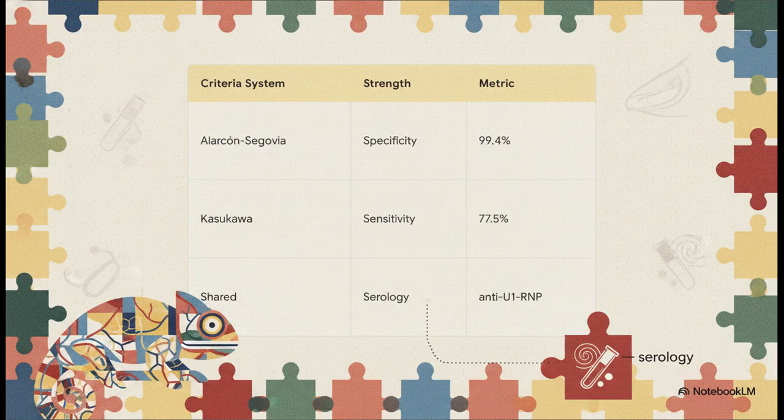Systems like Alarcon-Segovia prioritize incredible specificity, meaning if those criteria are met, there's a 99.4% certainty of MCTD. Other systems, like Kasawaka, cast a wider net for higher sensitivity, catching more potential cases. But across the board, no matter the criteria, there is one absolute shared requirement, the mandatory serological marker. Without that high-titer anti-U1-RNP blood test, you simply cannot officially trap the chameleon.